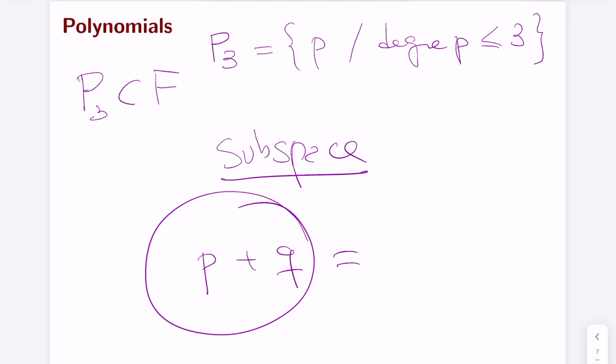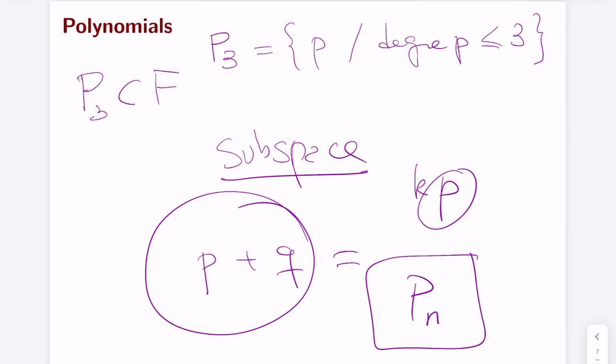And the multiplication by a number also. So if we multiply k by a polynomial, if this polynomial was degree less or equal than 3, the resulting polynomial will still have degree less or equal than 3. So in general, Pn will be the set of polynomials of degree less or equal than n, and this space is going to be always a vector space.